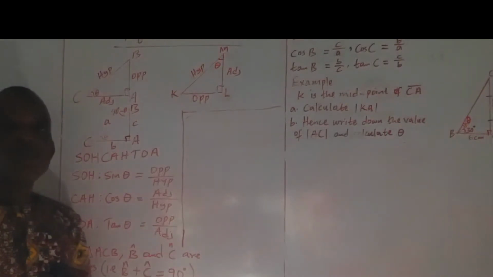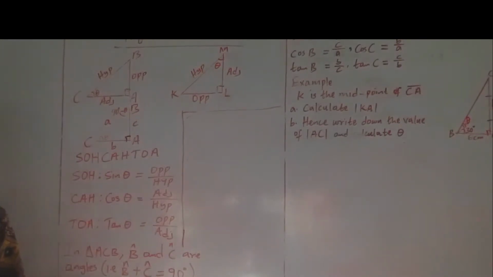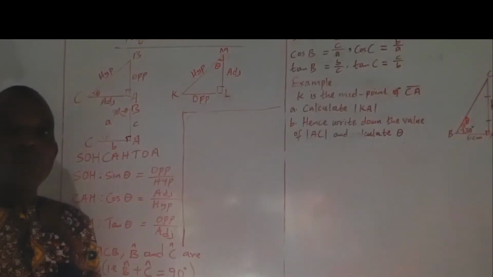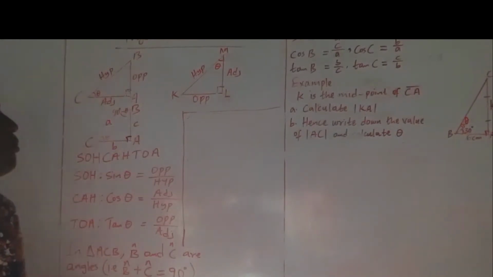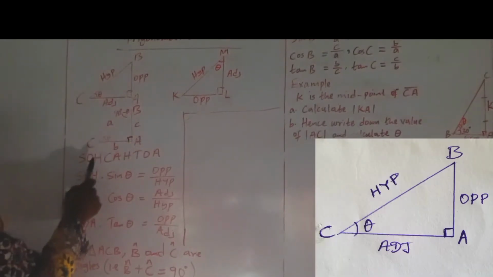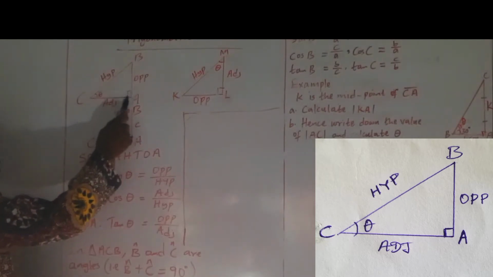Trigonometrical ratio studies the relationship between the sides and angles of a right angle triangle. So that means we use it to solve right angle triangle. In triangle ACB, right angle at A, so this angle is 90 degrees.